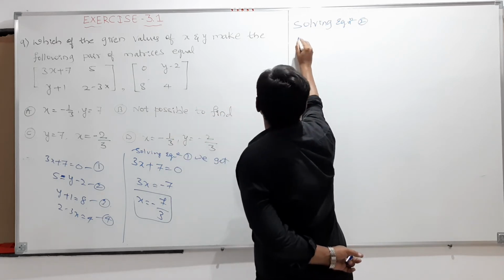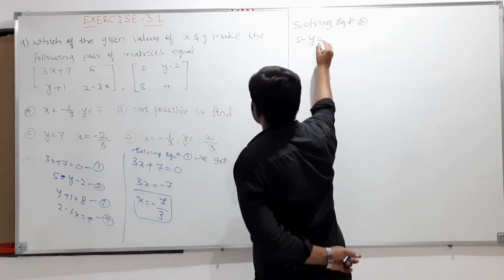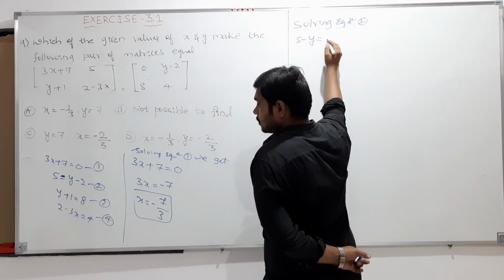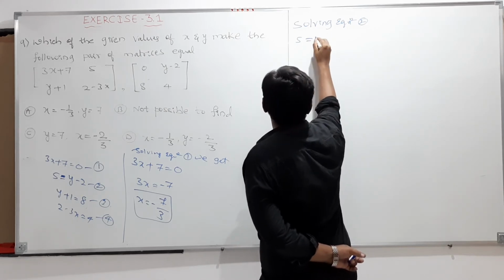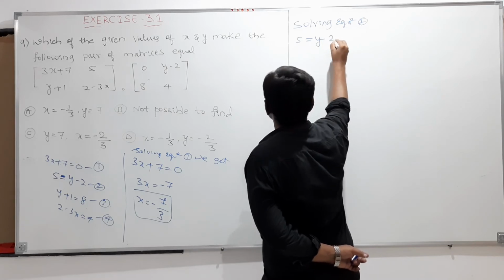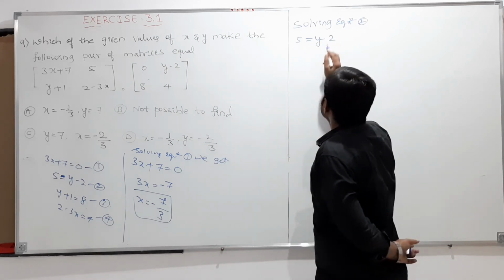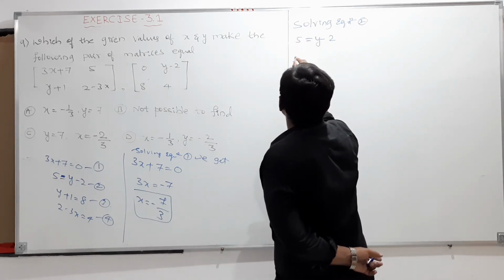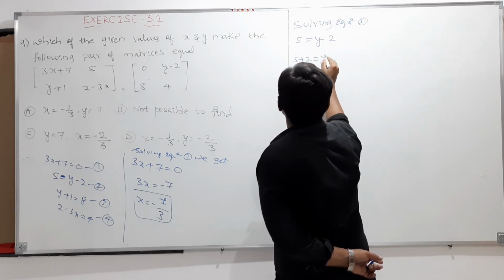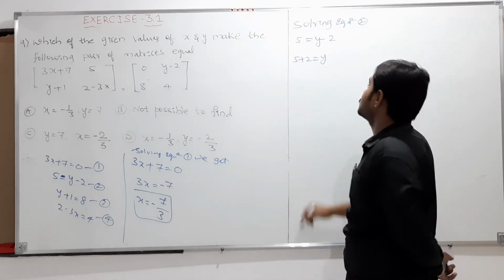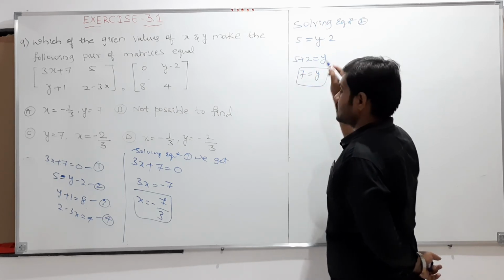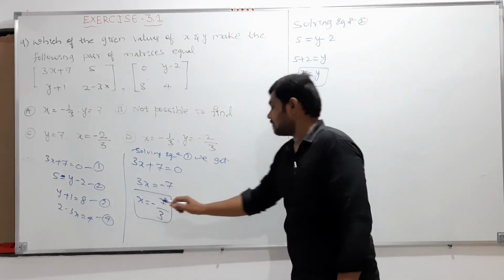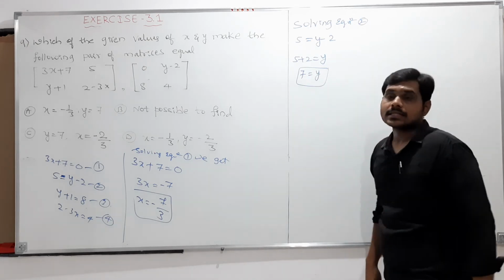So what is that equation? 5 minus y is equal to... 5 is equal to y minus 2. So therefore minus 2, if I shift this side, that will become plus 2, and y as it is I am going to write. So therefore 5 plus 2 is 7. y is equal to 7. So we have x value is minus 7 by 3 and y value is 7.